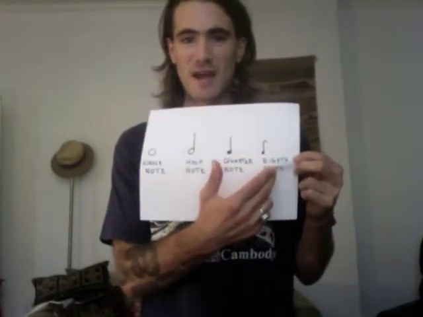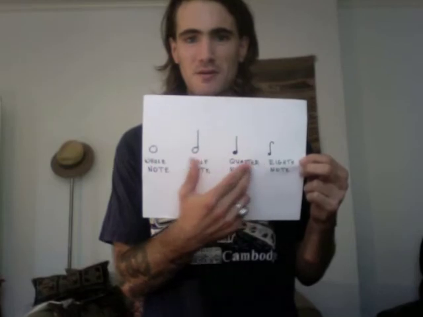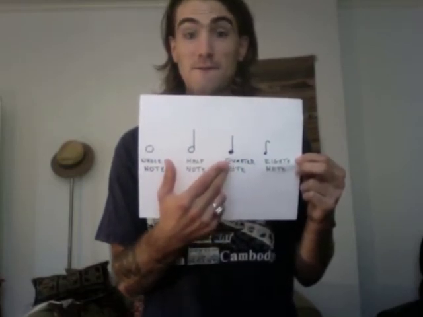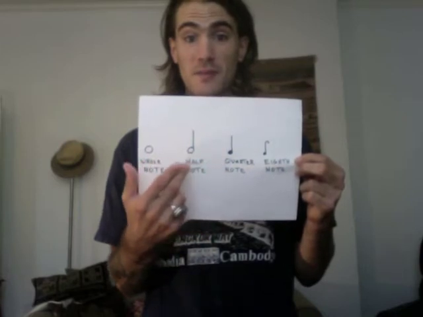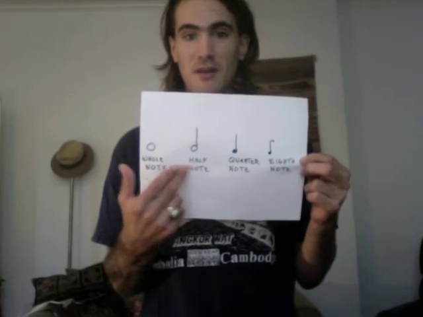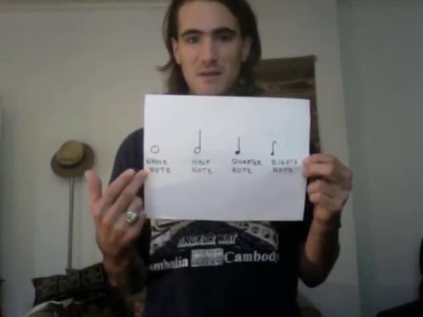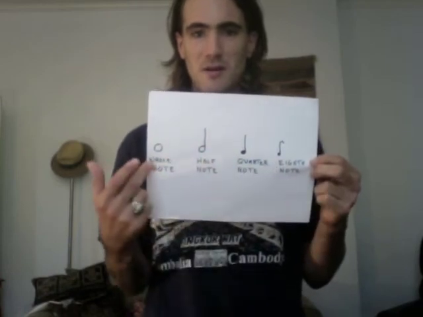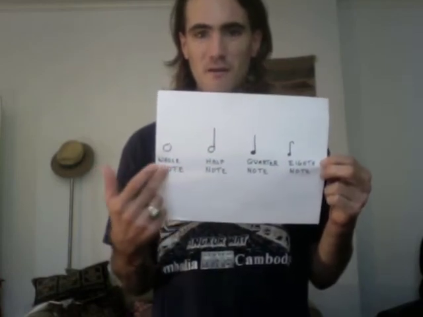The same goes for eighth notes. There are 2 eighth notes for every quarter note. There are 4 eighth notes for every half note. And there are 8 eighth notes for every whole note. That's why they're called eighth notes, because they're an eighth of the whole.